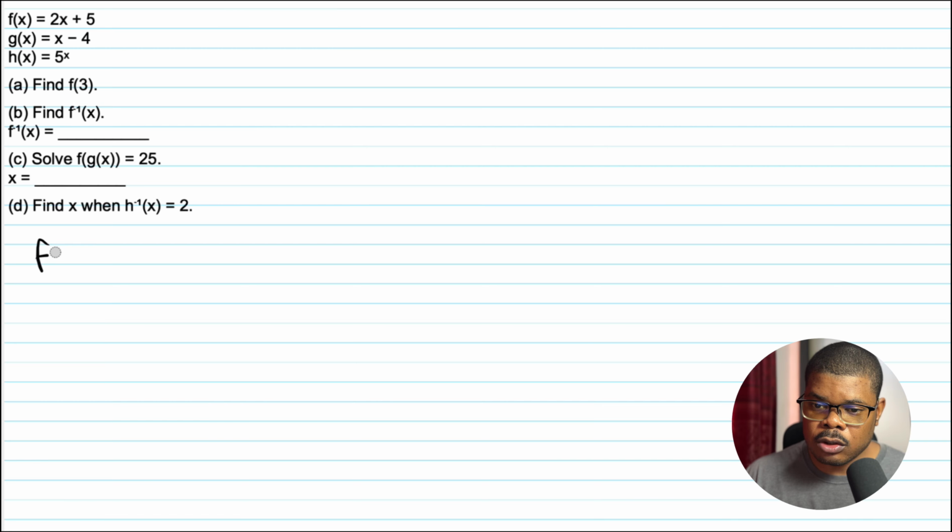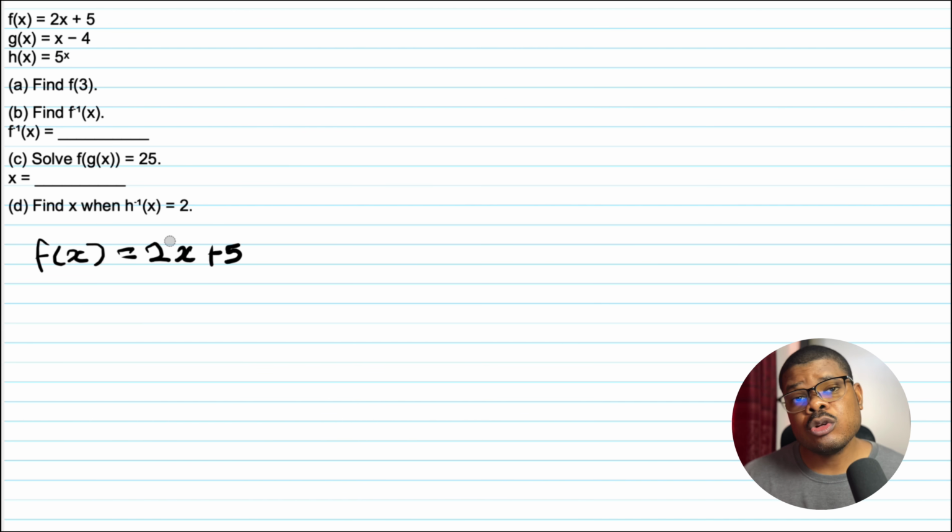So first of all, we know that f of x is equal to 2x plus 5. So if we know that f of x is equal to 2x plus 5, then the next thing we have to do to find f of 3 is that wherever we see x in this function, we just substitute it with 3.